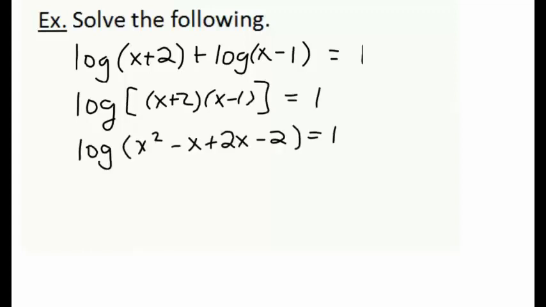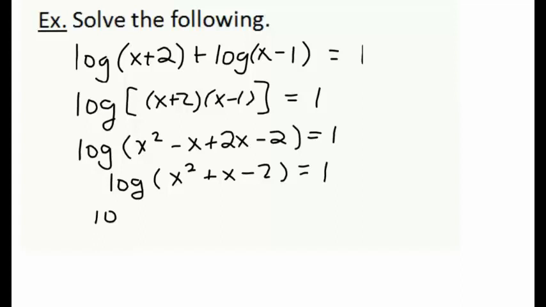Expanding through the brackets on the inside of our logarithm, we get x squared minus x plus 2x minus 2. And simplifying this one step, we're going to get log base 10 of x squared plus x minus 2.